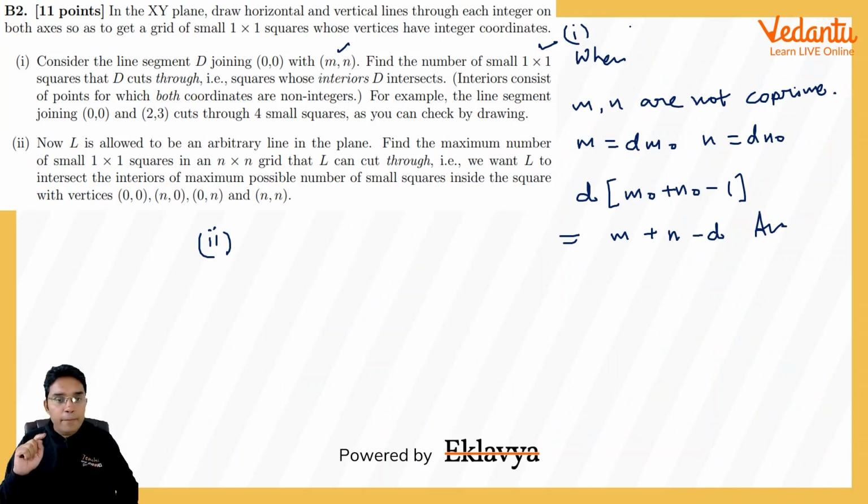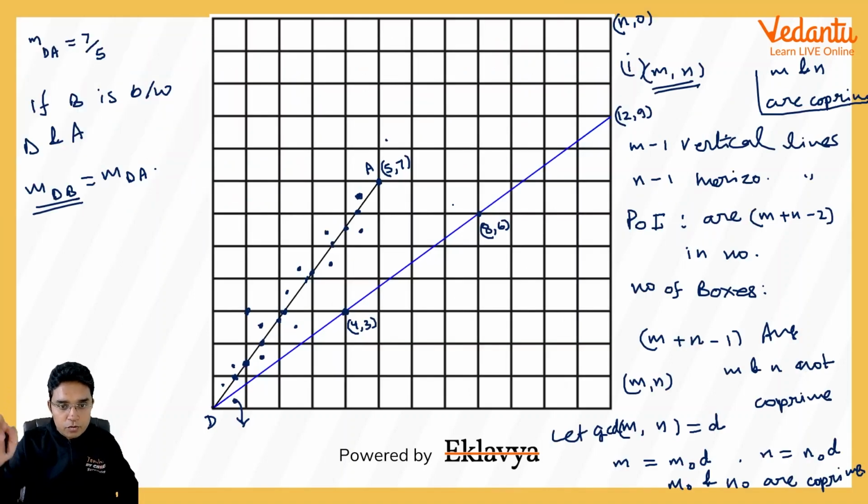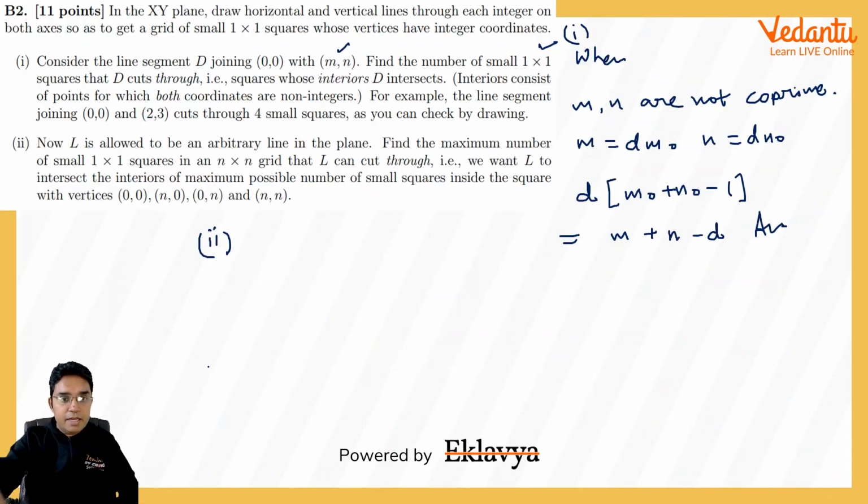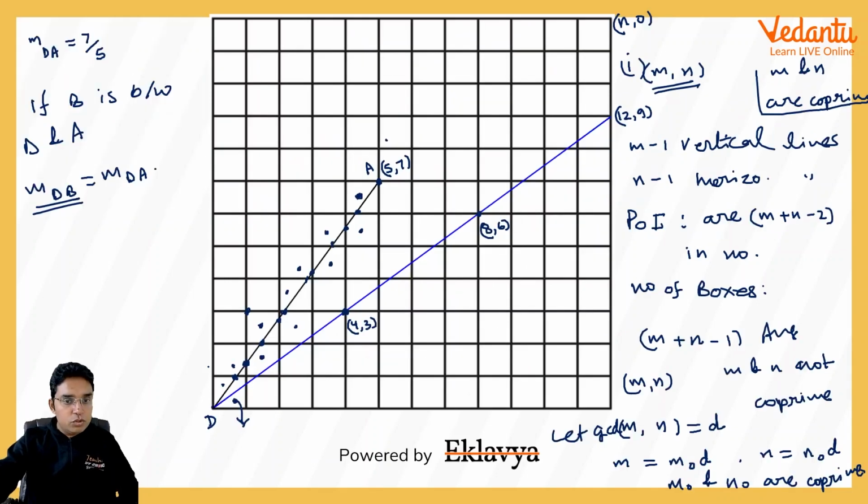So first of all, the maximum number of intersections will be when you are intersecting the maximum number of vertical lines and the maximum number of horizontal lines. I hope that is clear. So in order to have the maximum number of intersections, my starting point should be, because L is an arbitrary line, this time they are not saying that it should pass through (0,0). So here this line should be lying somewhere here.